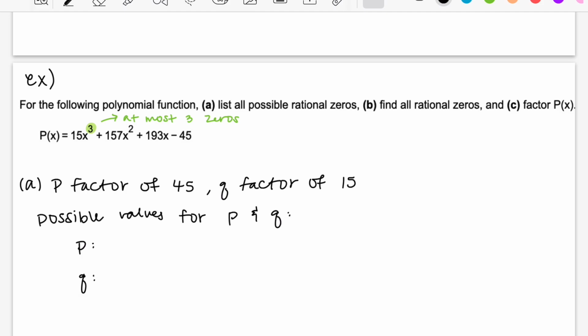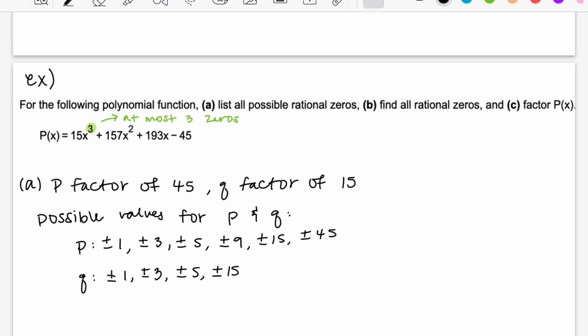So factors of 45 are going to be plus or minus 1, 3, 5, 9, 15, and 45. Similarly, possible values for Q are going to be factors of 15, so plus or minus 1, 3, 5, and 15.